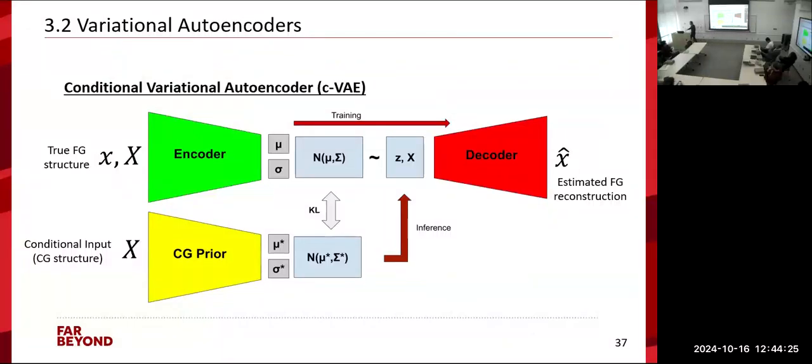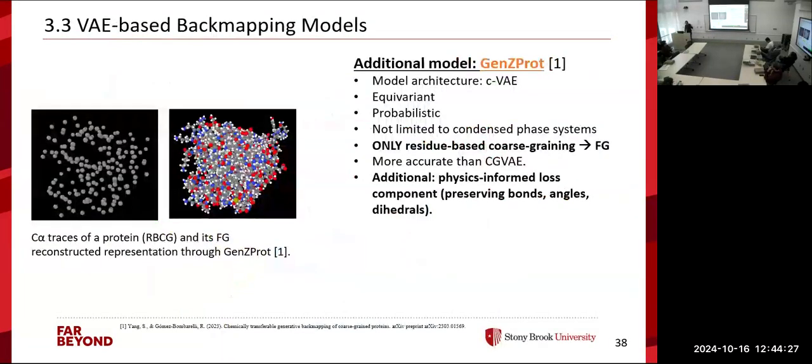So CGVAE, the model that I showed you, and this model here, GenZProt, are both based on conditional variational autoencoders, and they're both implementing this strategy to map molecules of different resolutions back to their atomistic resolution.